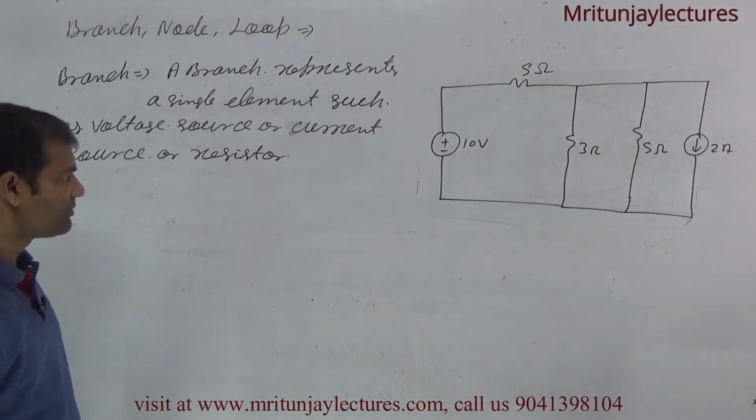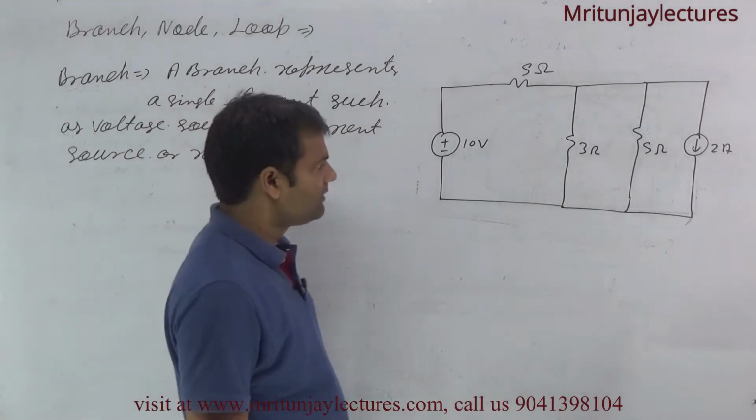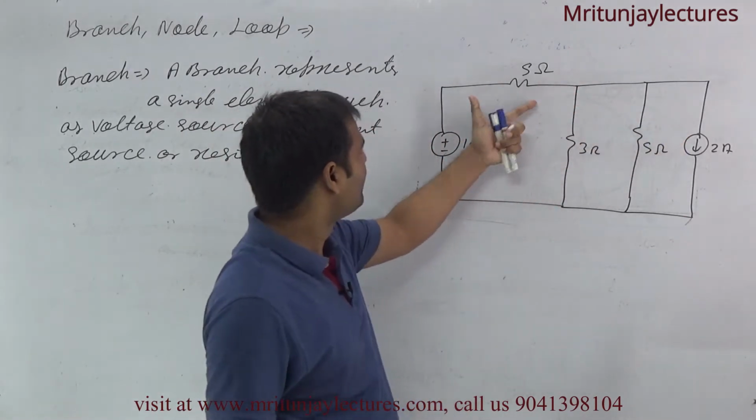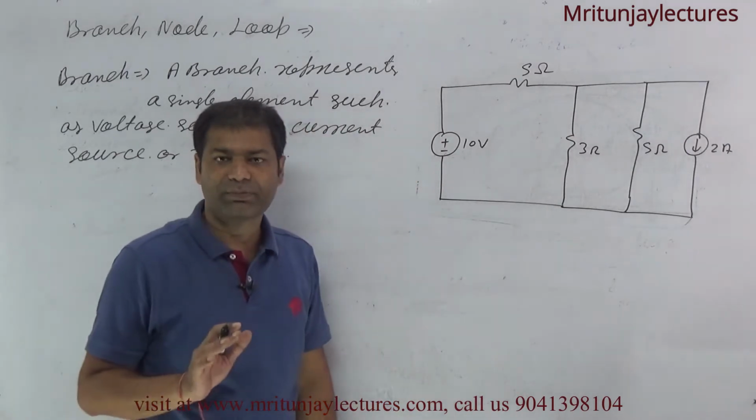So how many branches are possible in the network? That is simply 1, 2, 3, 4 and 5. Maximum branches are 5.